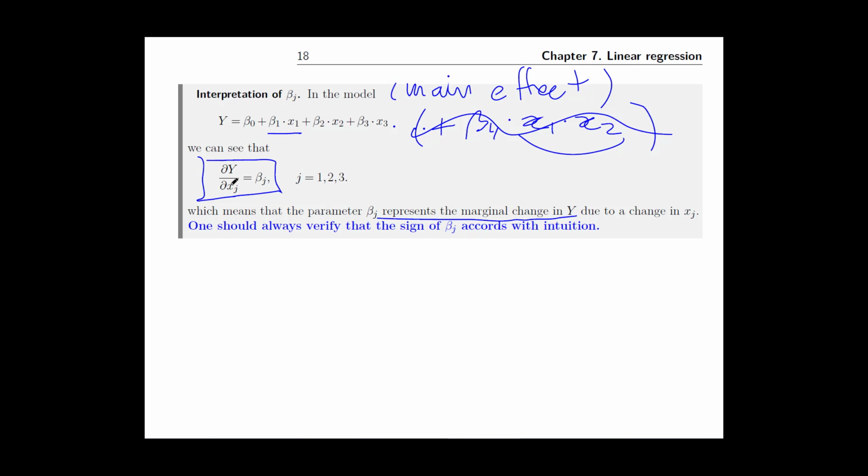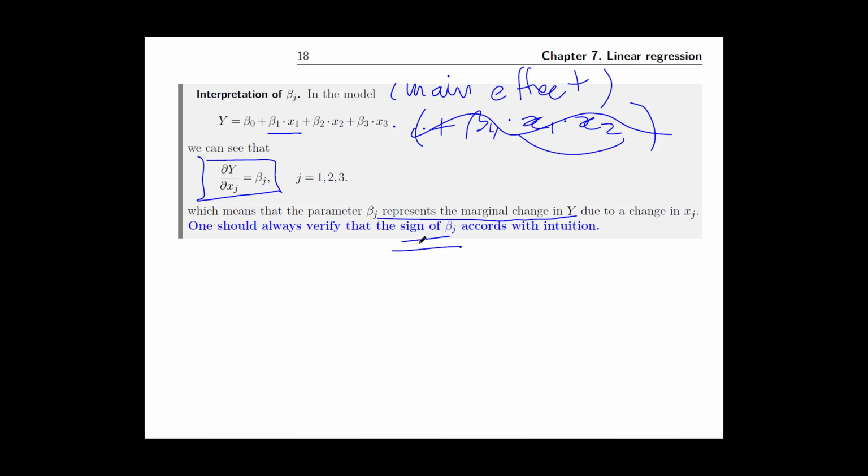And this is one of the first tests you should make. You calibrate your model, you train your model, you obtain the parameters. The first thing you should check is that the sign of beta makes sense, because you should be able to know if that variable should induce y to increase or decrease, like the GDP we're talking about.